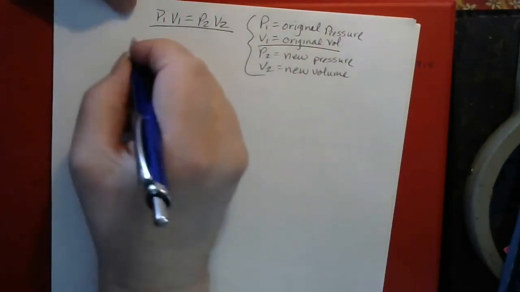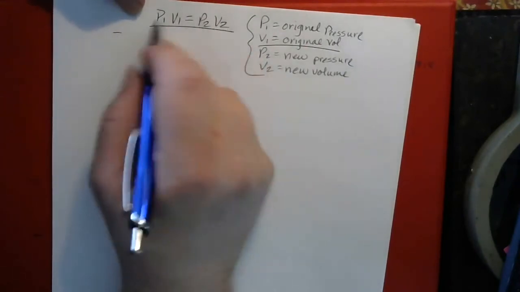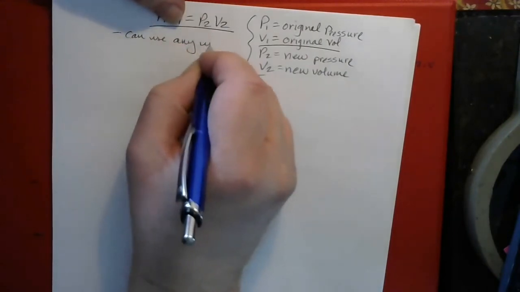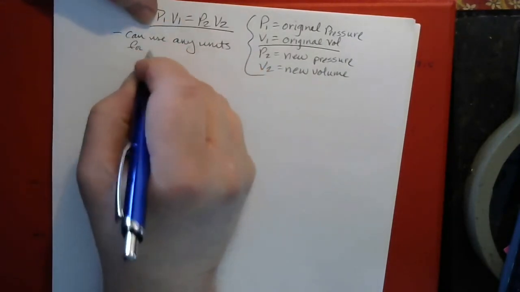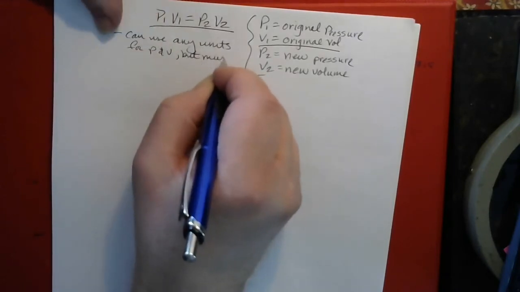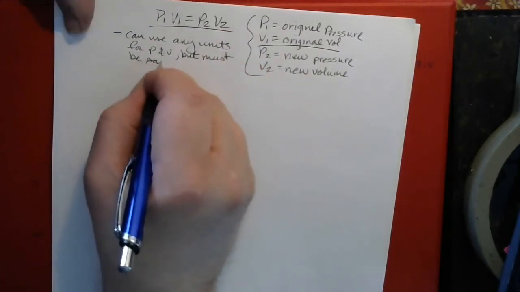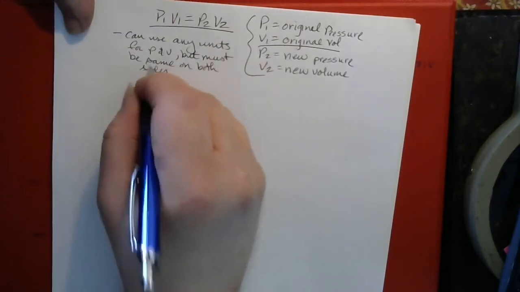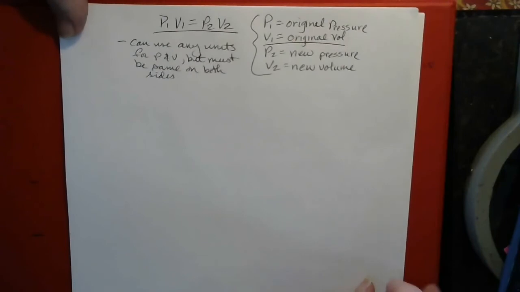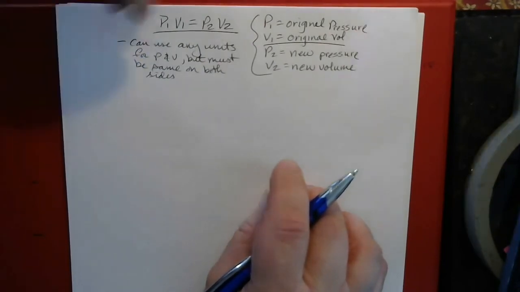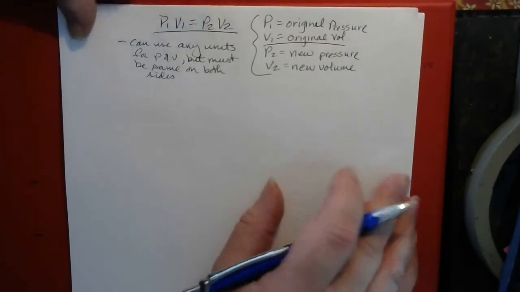Pressure and volume units can be anything you want, but they need to be the same on both sides. So for pressure, you could use atmospheres or pascals or torr or pounds per square inch if you want any of those, but P1 and P2 have to be in the same units.